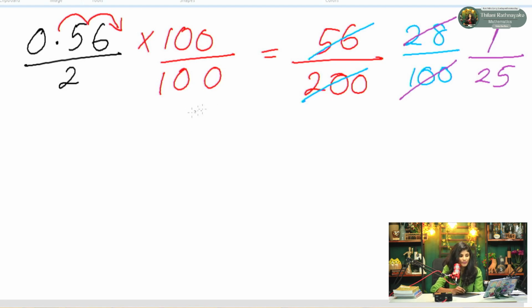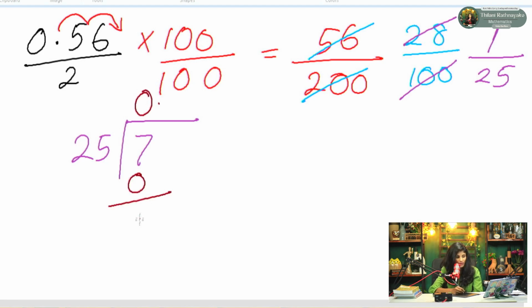Okay. So, now using long division, I'm going to divide 7 by 25. Is there any 25 for 7? No. 0 times 25 is 0. 7 is remaining. I am taking a 0, and for that 0, I'm going to put the decimal place here.